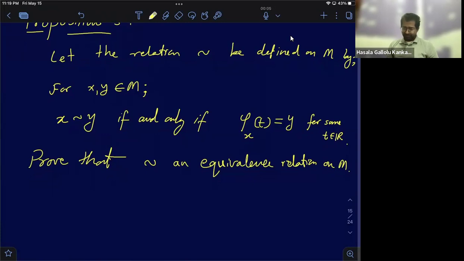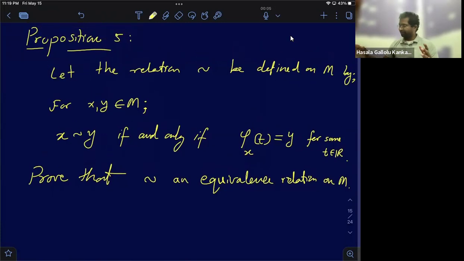Every equivalence relation is going to define a beautiful picture on whatever set we consider. The whole point behind an equivalence relation is to break that set, in this case set M, into a partition structure.